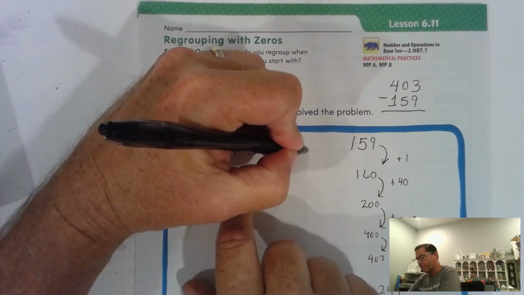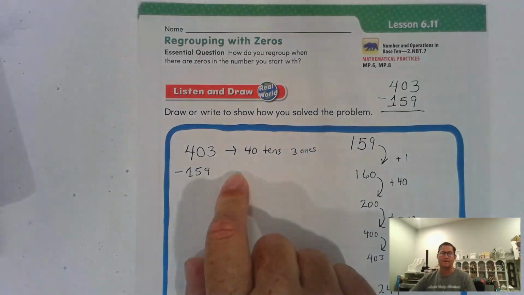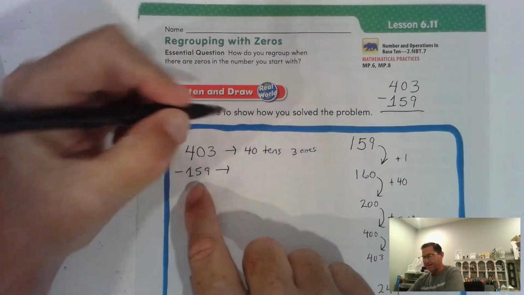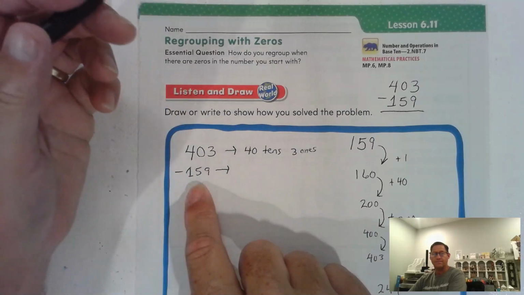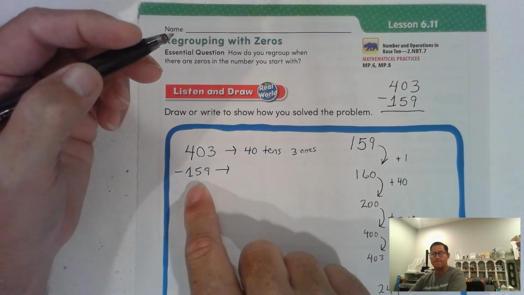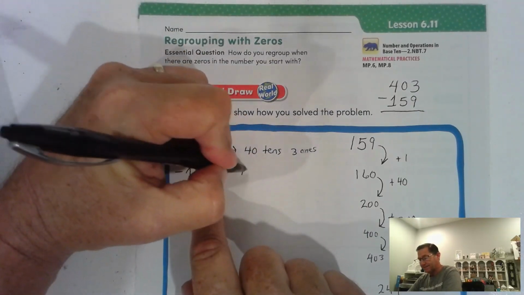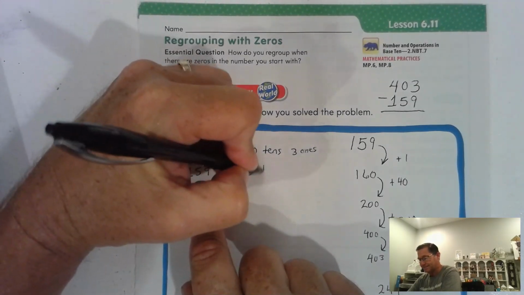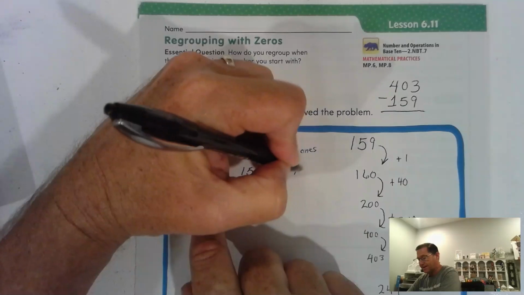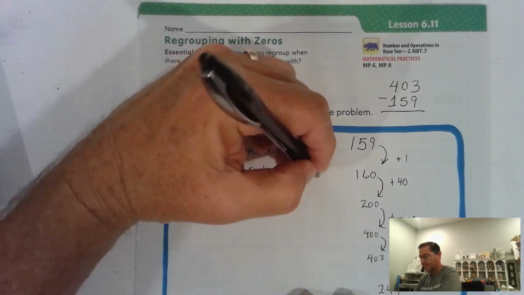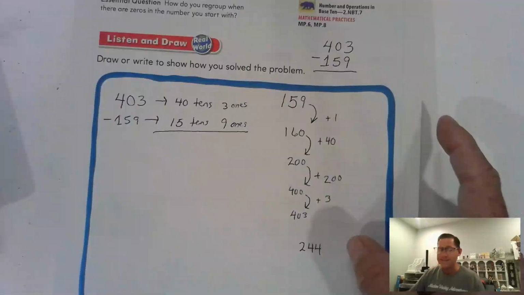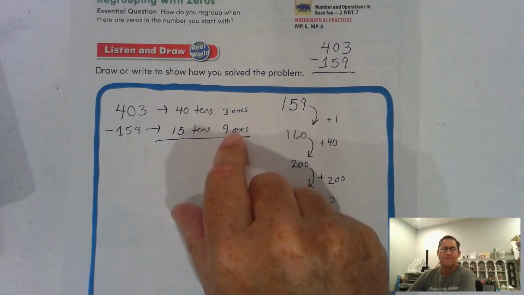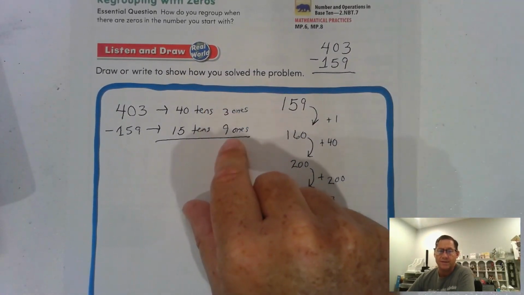And then we'd have 3 ones. In 159, we have 15 tens and 9 ones.